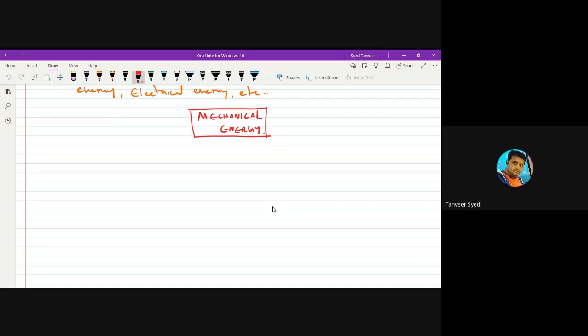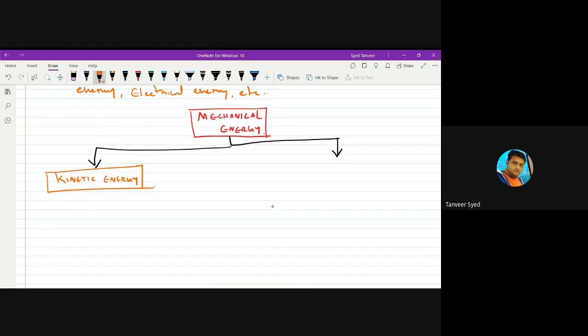Right. So this mechanical energy is of two types. One is kinetic energy. Second is potential energy.